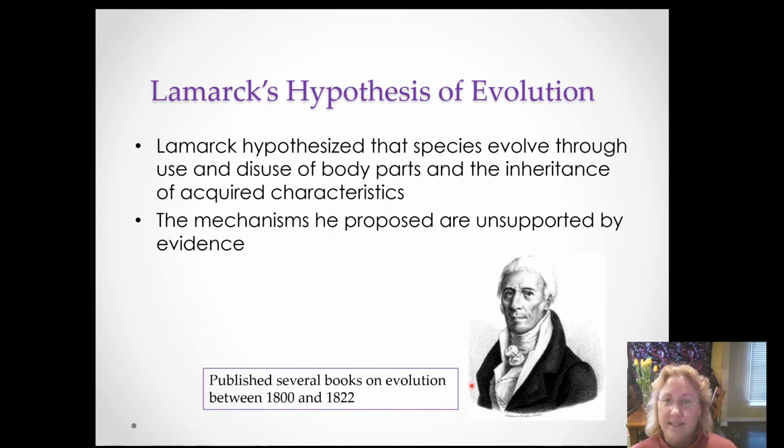And his idea actually kind of followed a common folk idea, which was that things that happen to you during your lifetime could be inherited. It was a common folk belief that accidents and injuries that happen during your lifetime could possibly be passed on to offspring.